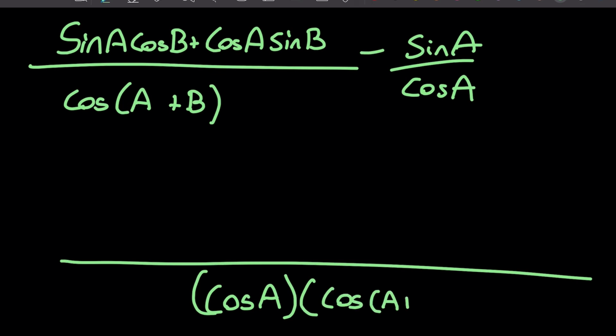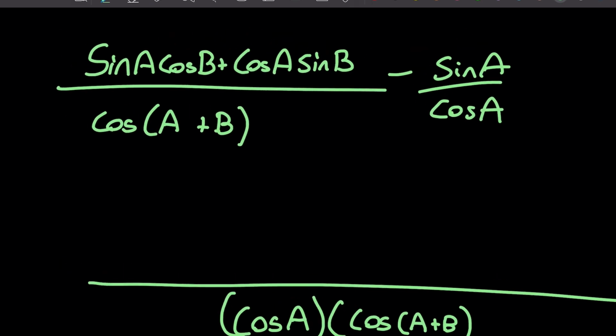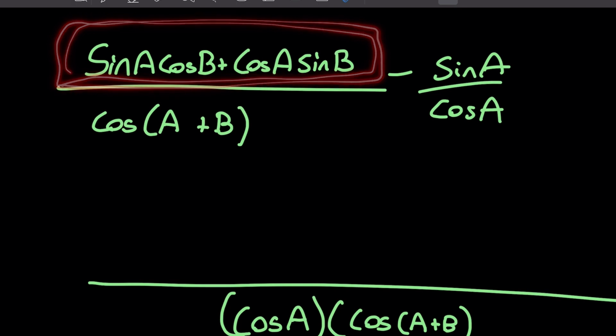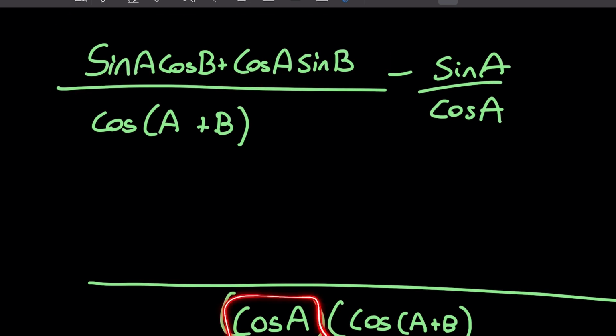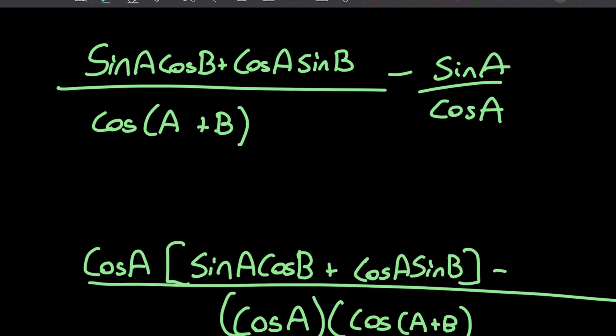Great. Now, how many times does this numerator go into this denominator? Well, it goes in there cos A times, right? So what we'll have is cos A, and this will be multiplied by sine A cos B plus cos A sine B minus, now how many times does this go into this?